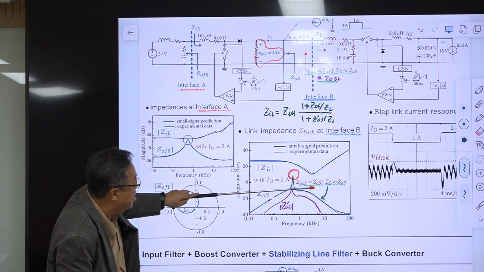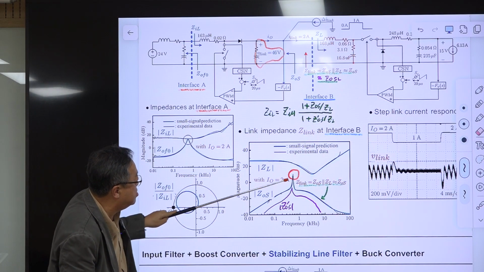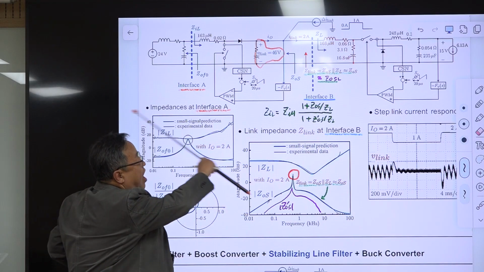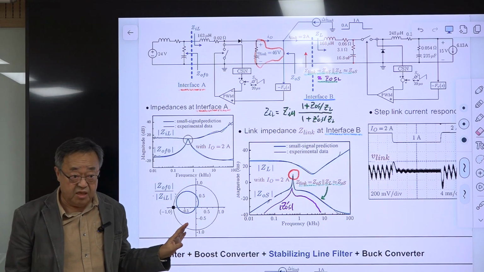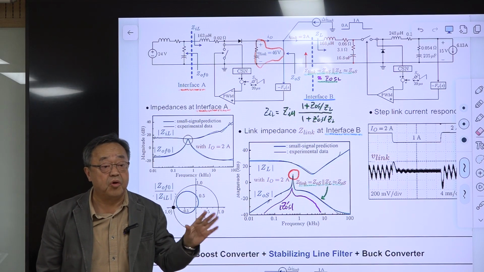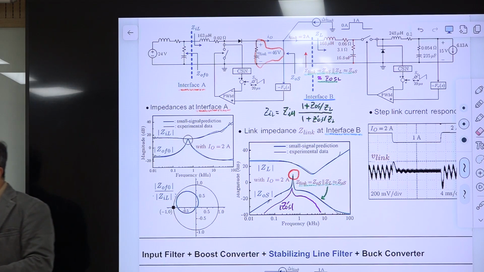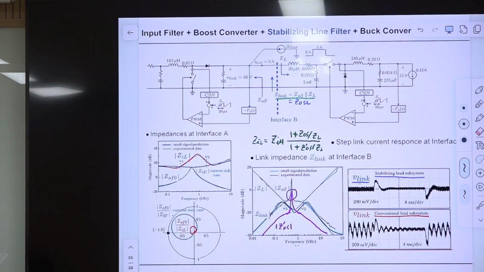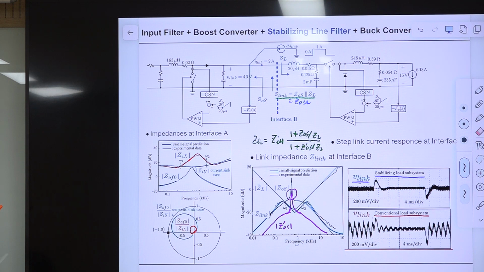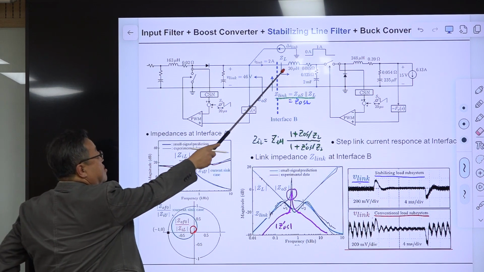So what we are seeing is GOS. So this is the output impedance of this, and it is also the bus impedance, the DC link impedance. There is no impact on the DC link dynamics.